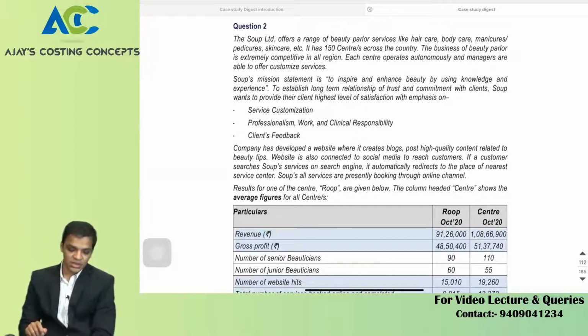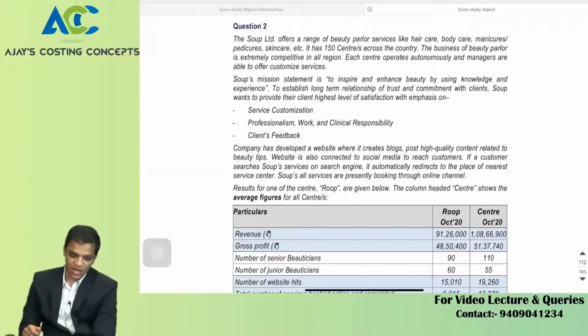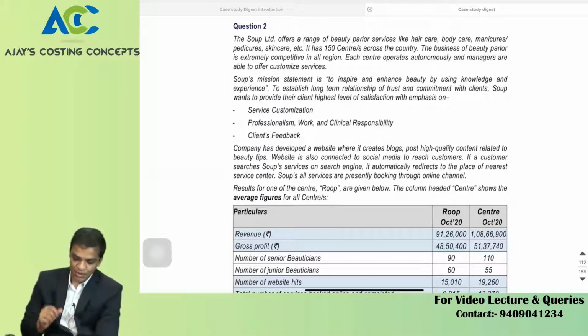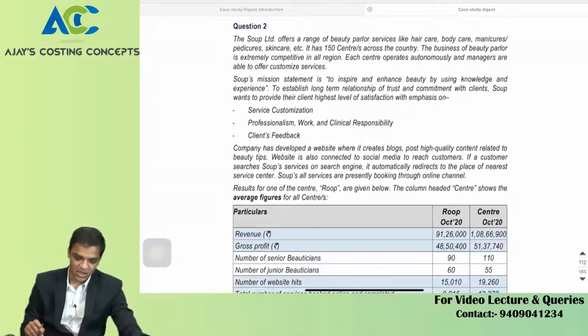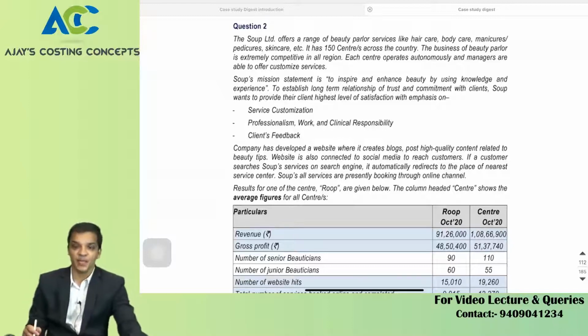SOUP's mission statement is to inspire and enhance beauty by using knowledge and experience to establish long-term relationship of trust and commitment with clients. SOUP wants to provide their clients the highest level of satisfaction with emphasis on customer service, customization, professionalism, work and clinical responsibility, and clients' feedback.